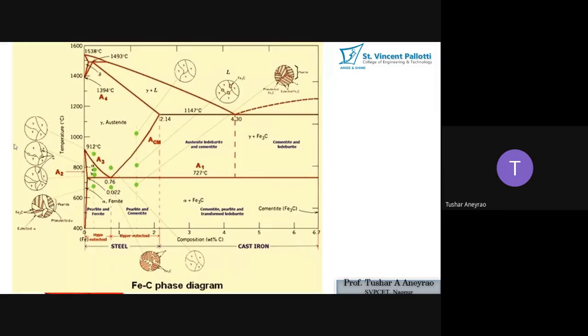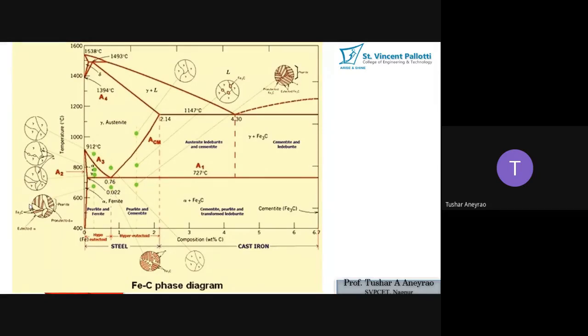And whatever the mixture of iron and carbon from 2.14%, or in some books 2.2% carbon, to 6.7% carbon, it is termed as cast iron. Beyond 6.7%, whatever phases of iron and carbon mixture we get are not at all useful for any purpose, so they are not in the consideration of this study.